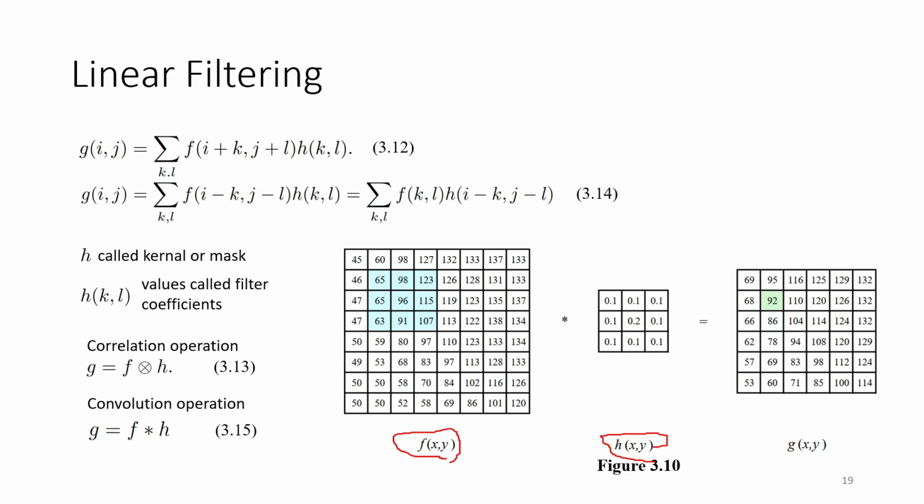The only difference is if we do correlation operation here, we use the positive x and the positive l here. If we do convolution operation, we use the negative x and the negative l here. That's the only difference. So they are equivalent, just a different side. Right? Okay. And let me show you an example.